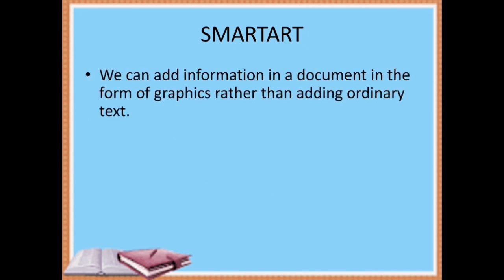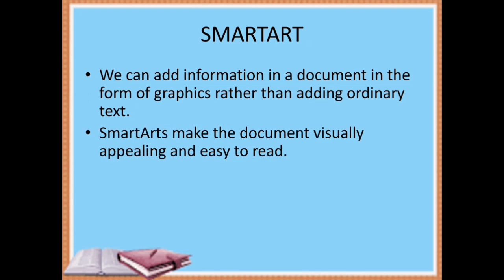We can add information in a document in the form of graphics rather than adding ordinary text. So instead of ordinary typing we can use some SmartArt options. SmartArt makes the document visually appealing and easy to read.